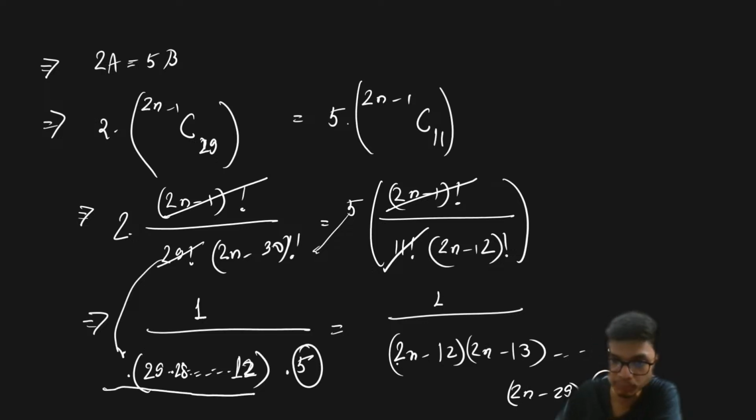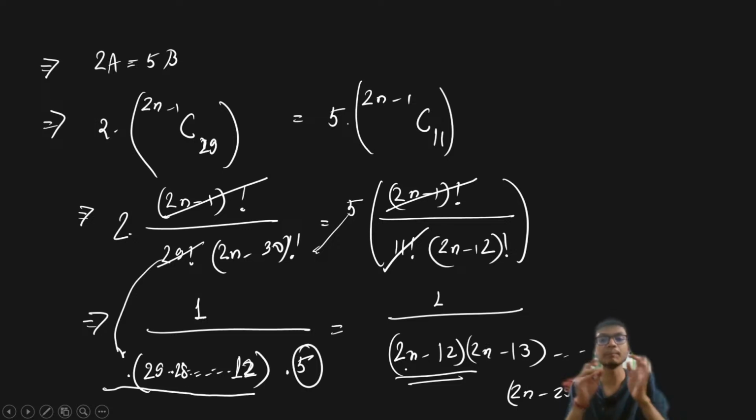So you will see that if you put this n minus 12 as 30, this is going to be exactly the same term. Just by simply manipulating, I'm trying to get an easy solution, so it's very simple to understand or recollect.